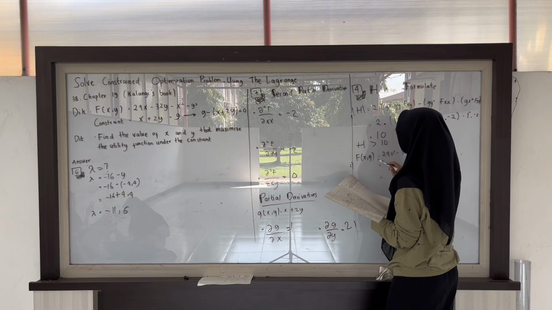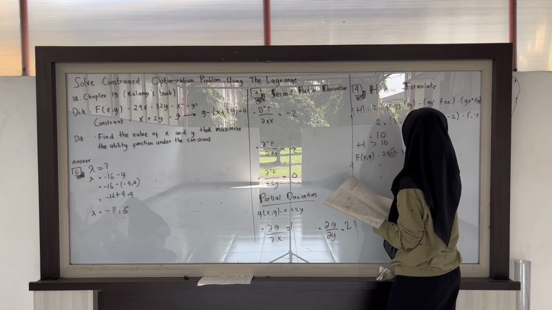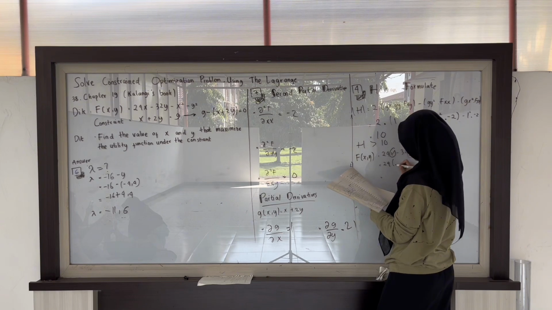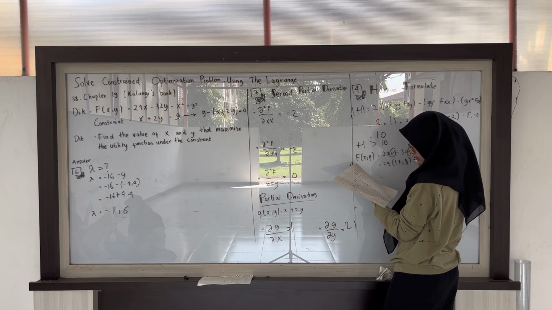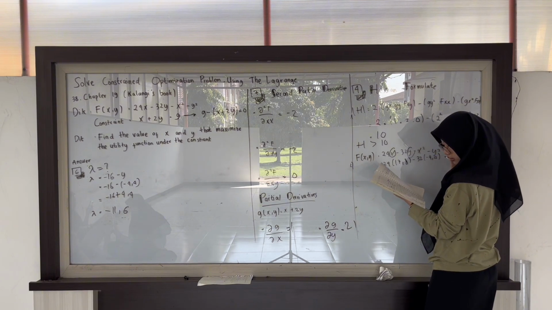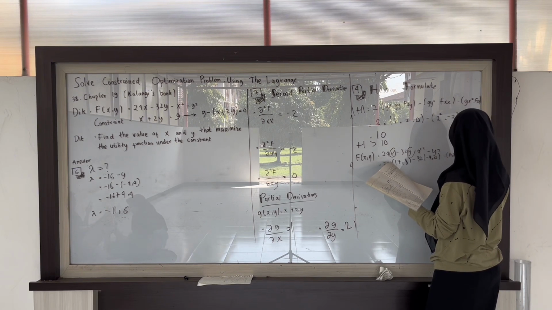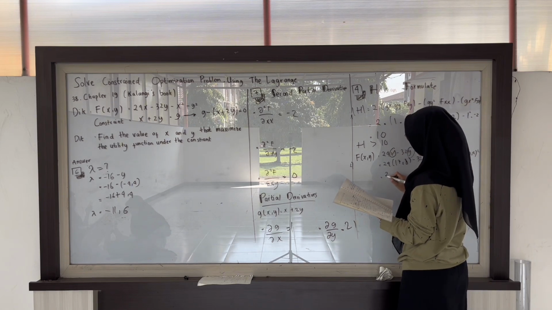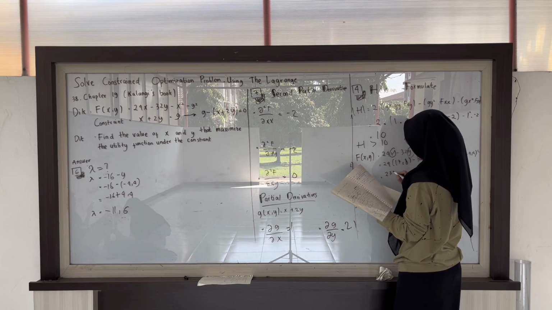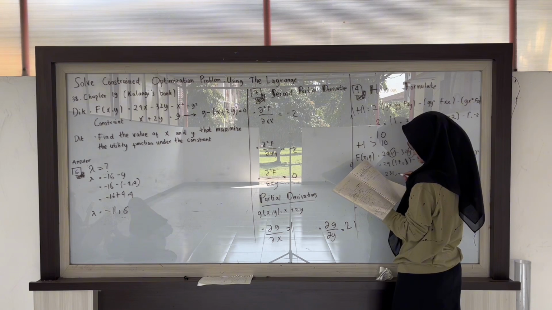We find f of x y: we substitute x and y into the function, 24x and so on, so we get 231.8.